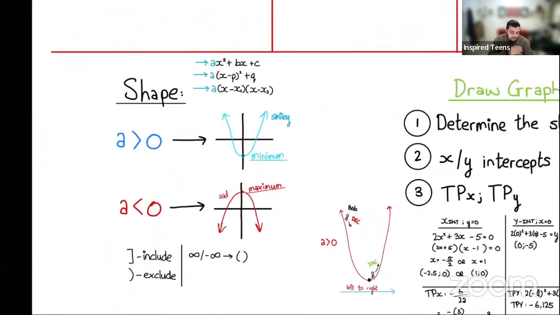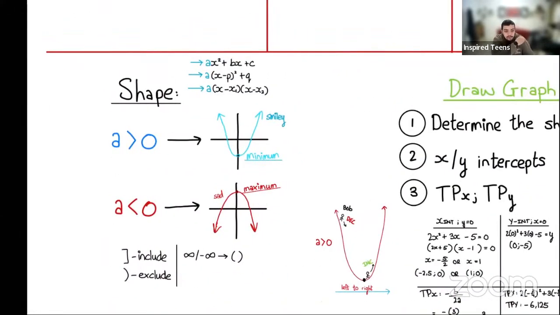So we discussed that. We discussed the shape of a parabola graph, just what A means. A gives us a smiley face or a sad face, minimum or maximum.